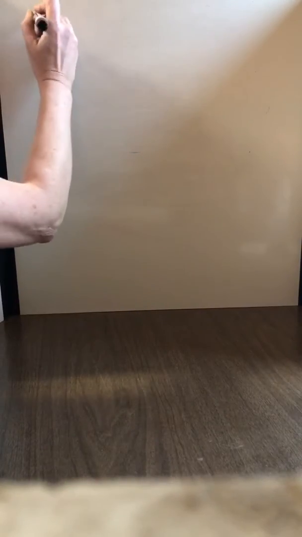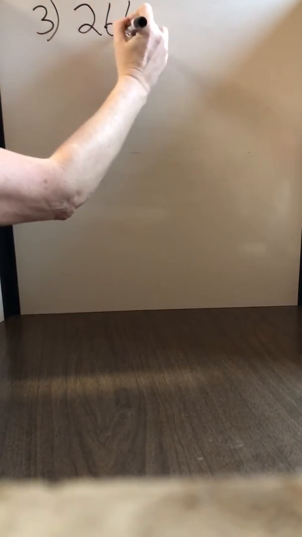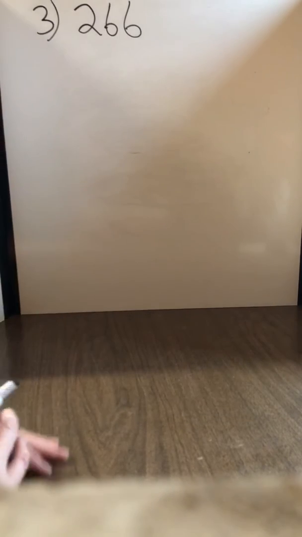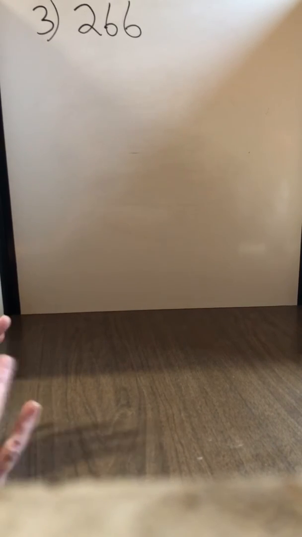So let's look at number 3. It says 266. I want to write it in scientific notation. This means I'm going to change it from 266 to a number that's between 1 and 10, and then have it multiplied by 10 to some exponent.